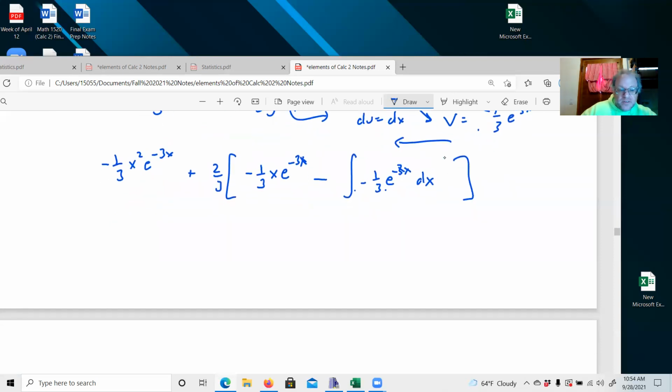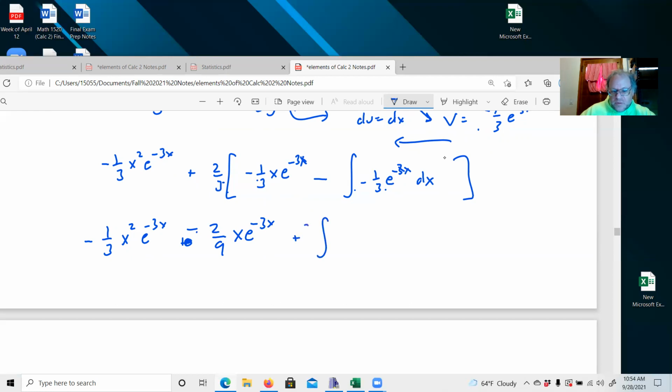All right, so this is going to be negative 1/3 x squared e to the negative 3x plus. These guys have to multiply together. Plus, I meant minus. 2 over 3 times 3 is 9, x e to the negative 3x. That takes care of the negative sign, right? And then we have plus the integral.